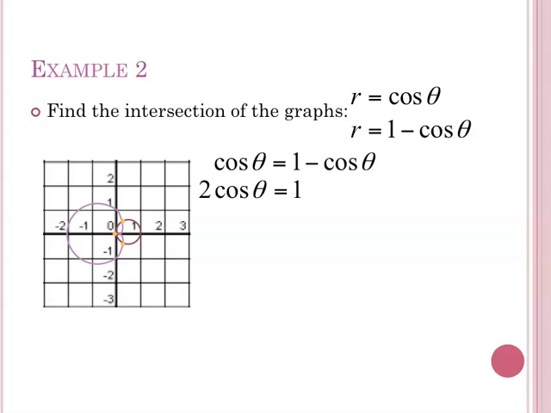Divide both sides by 2. Now we can write out what theta has to equal. With cosine theta equaling 1/2, theta has to equal pi over 3, that's the first quadrant, and 5 pi over 3, that's the fourth quadrant.